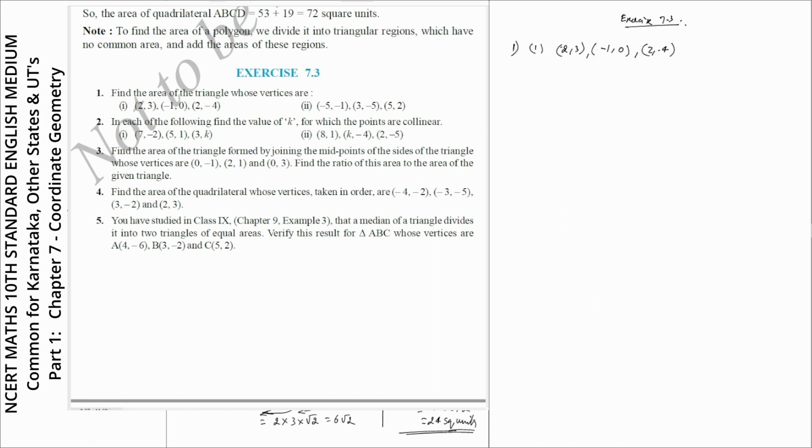Exercise 7.3, question number 1. Find the area of the triangle whose vertices are, first sub question, the vertices are (2, 3), (minus 1, 0) and (2, minus 4).